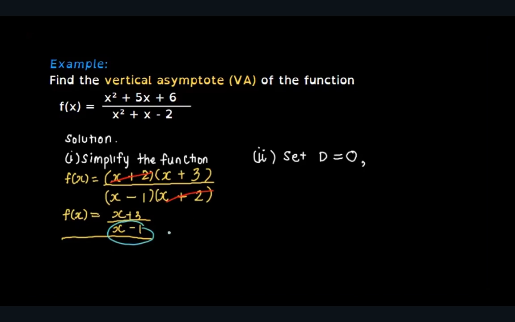Itong x minus 1, i-equate natin yan kay 0. Ngayon, kopyahin natin si x minus 1 dito. X minus 1 equals 0. And to find the value of x, we add both sides by 1. Then, cancel yung negative 1 dito. So, that is x equals positive 1. Then, we have the x value.